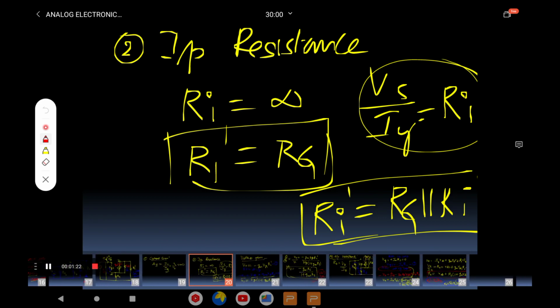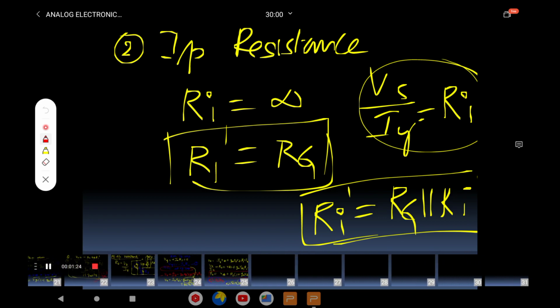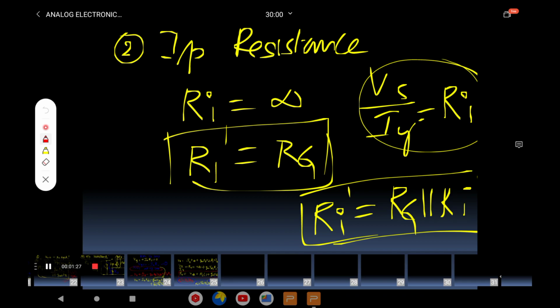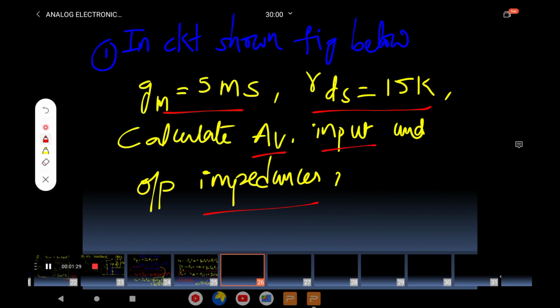Such an identification is very important while solving problems. Second, draw the medium frequency AC equivalent circuit and find the related values. That is the general process. We need to follow the 4 steps.